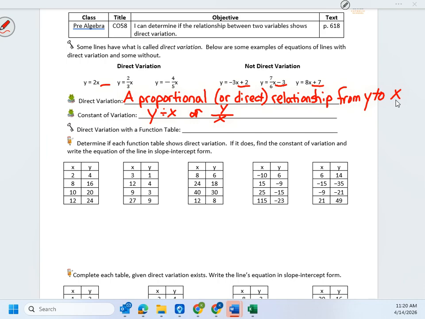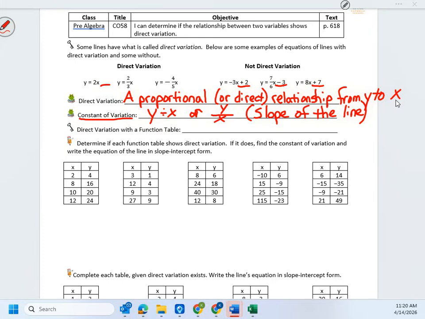What do we know about y over x? What's another word for that? Victoria? Say it louder. I've got the fan. Rise over run. What is rise over run? The slope. So y divided by x, that constant of variation is the slope of the line.